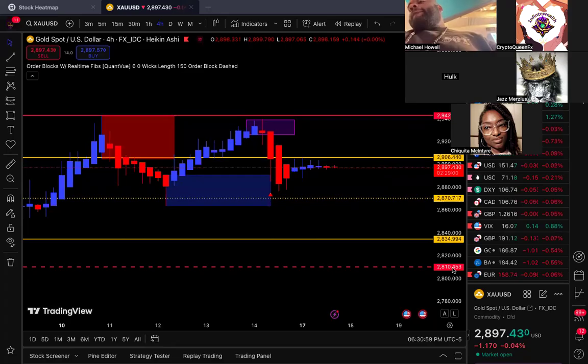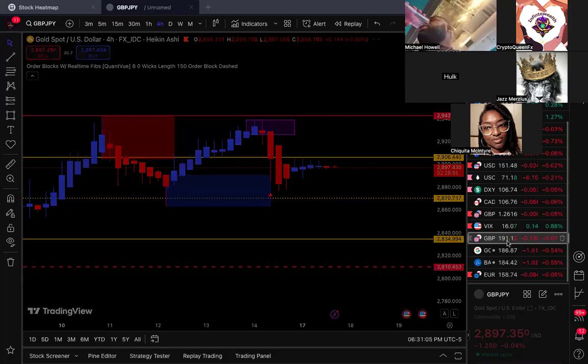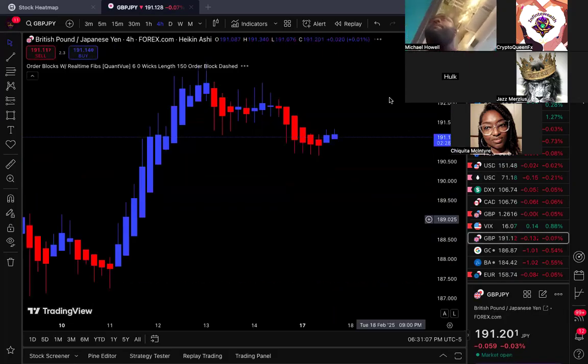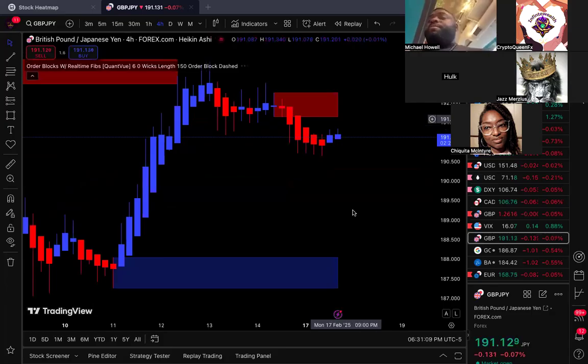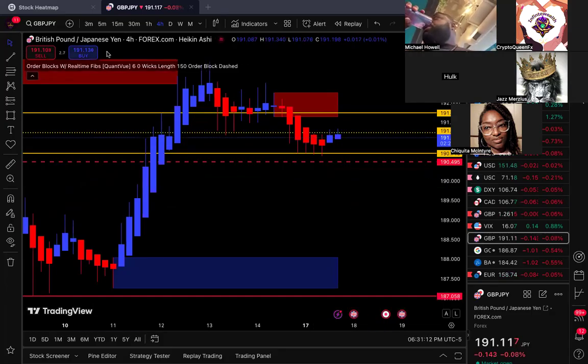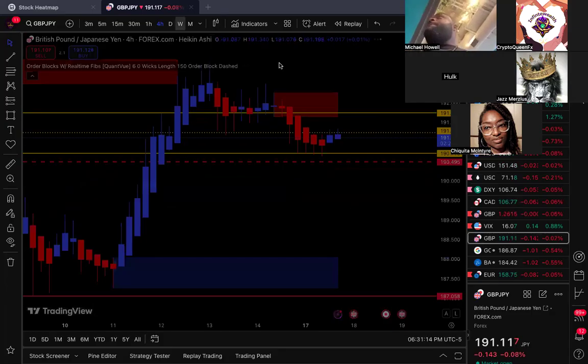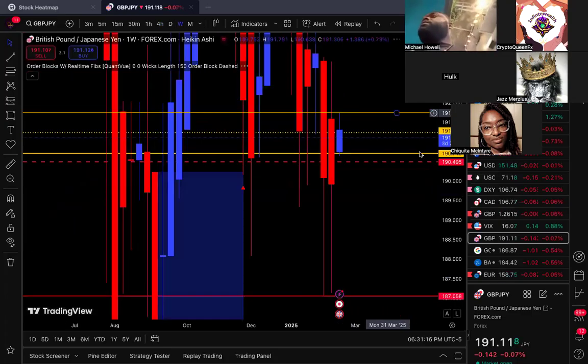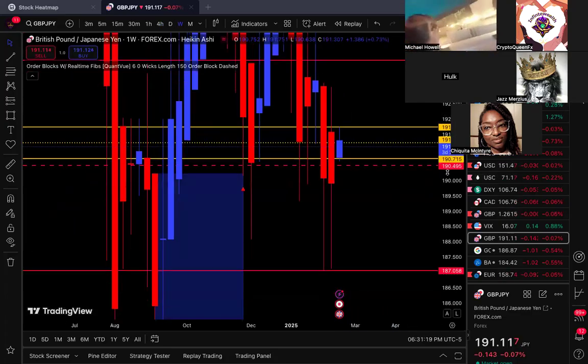Now, we can mark up GJ. I think I had this GJ. This GJ started selling yesterday.